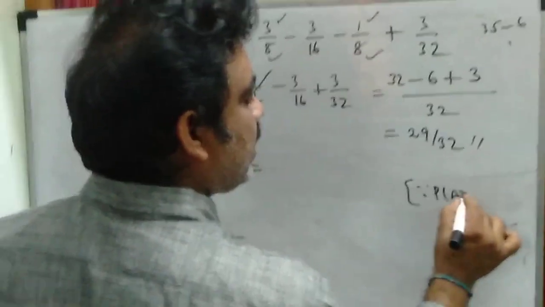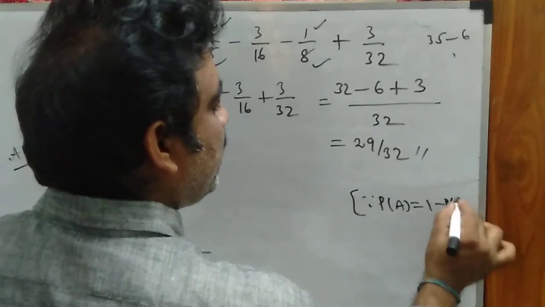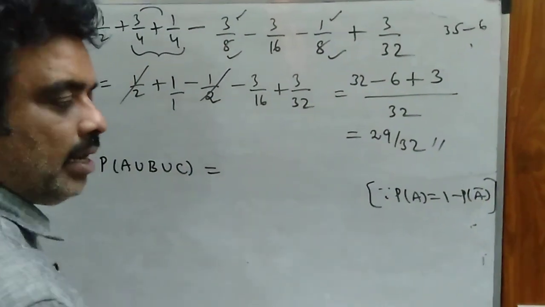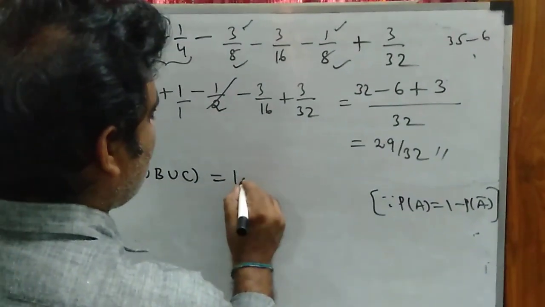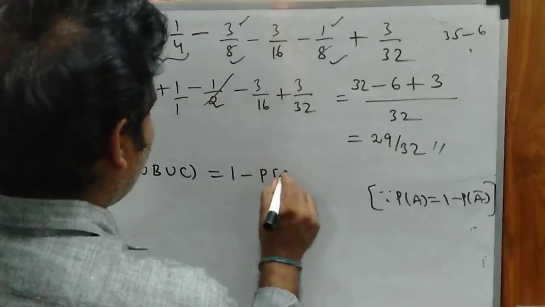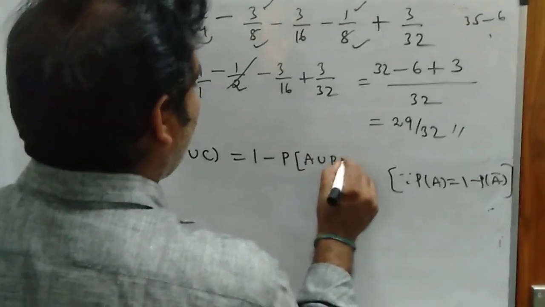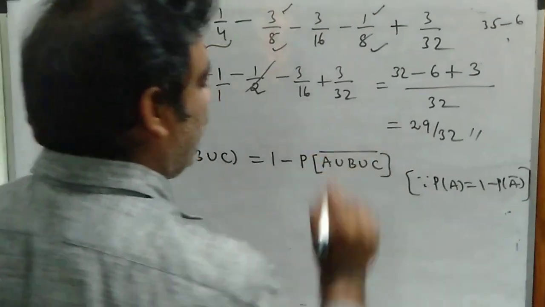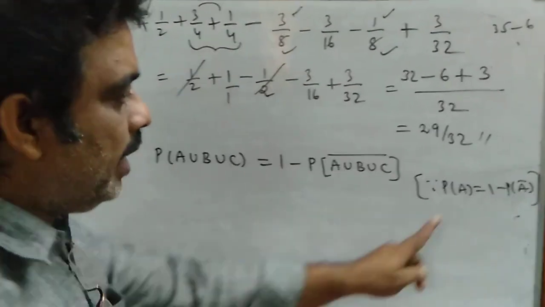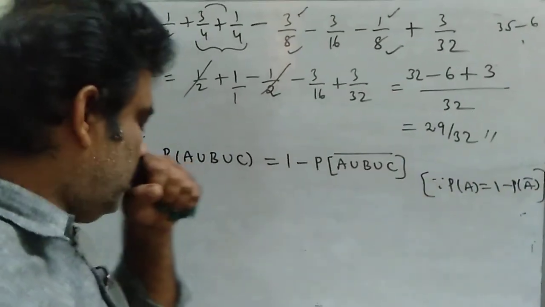P of A can be written as 1 minus P of A complement. Am I right or not? So I can write it as 1 minus P of A union B union C whole complement. I can write P of A as 1 minus P of A bar.